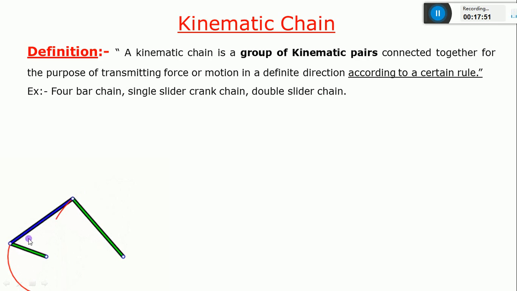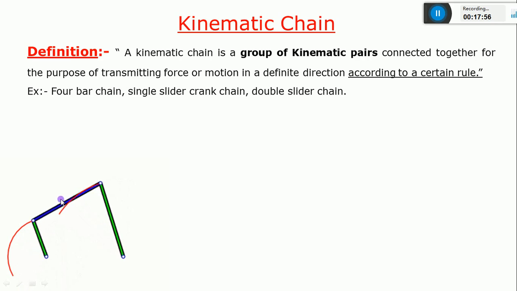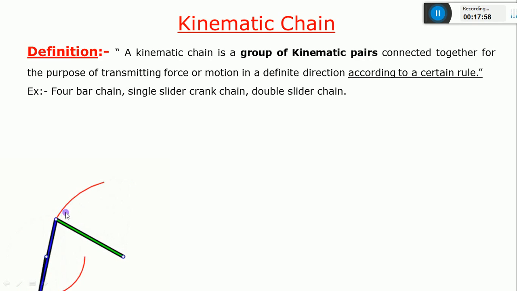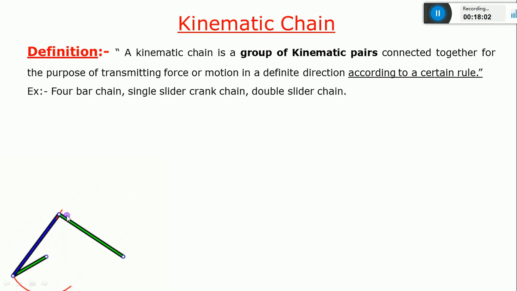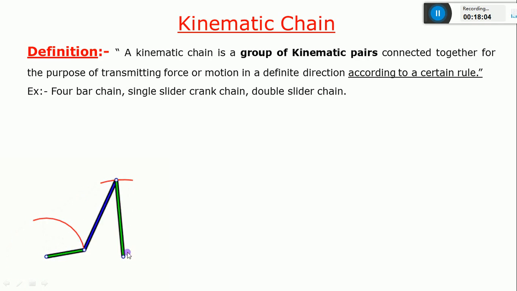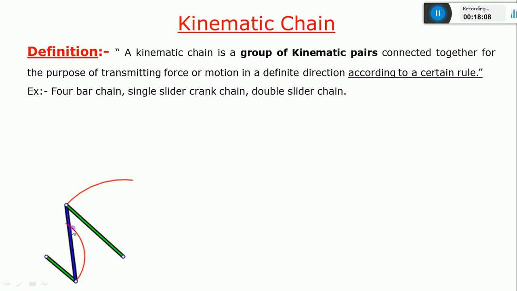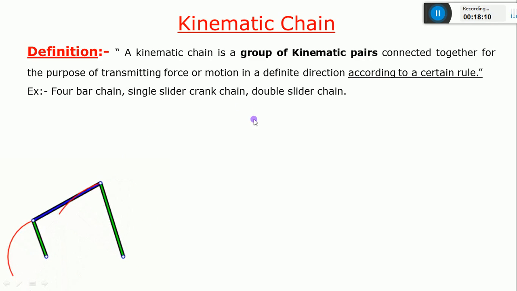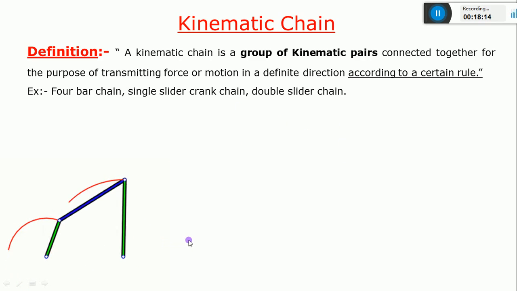Again between this green color and blue color there is one more pair. Again this blue color and this bigger green color lever, there is one more pair. Again between this and this there is one more pair. There are totally 4 pairs, so I can say it is a group of kinematic pairs which is used to transfer the motion from inlet to outlet.